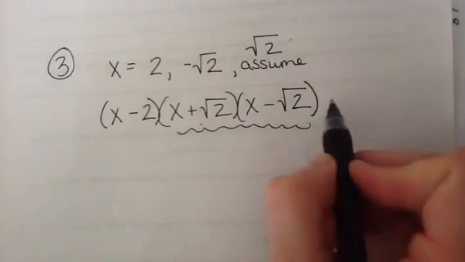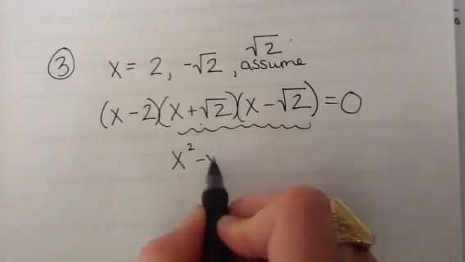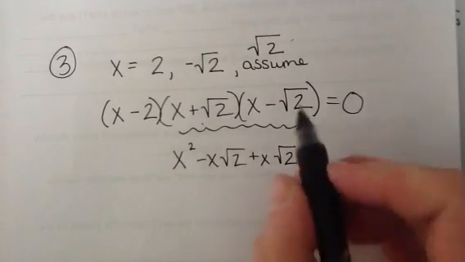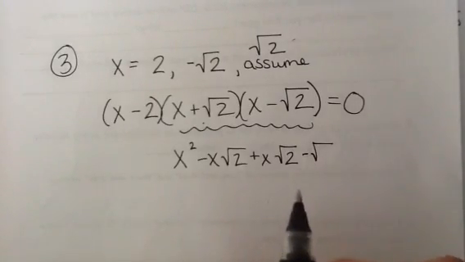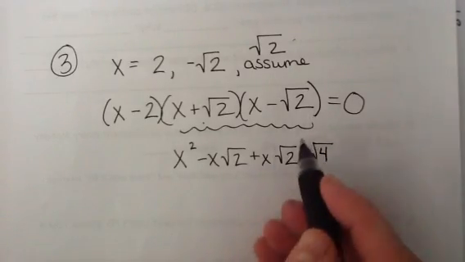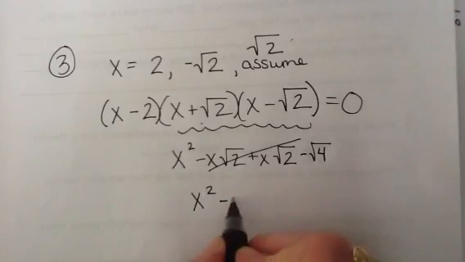Same suggestion here. Multiply the two radicals together first. It's going to work just like the i because I've never given you an equation that had a radical in it to begin with. When we're talking about the polynomials, you never had a radical to begin with. The middles cancel, and I get x squared minus the square root of 4, which is 2.